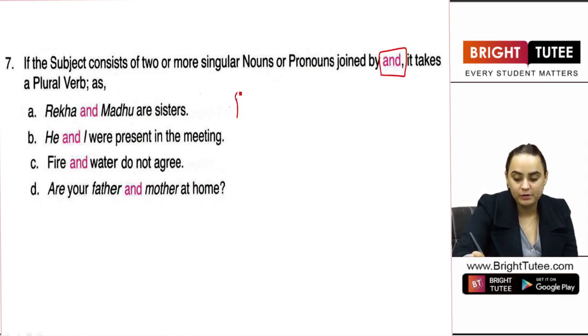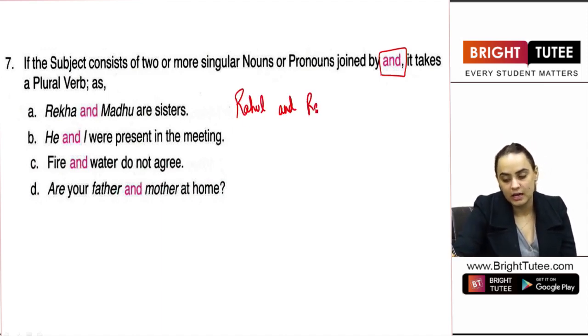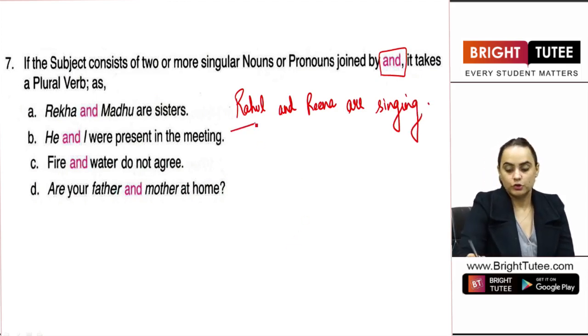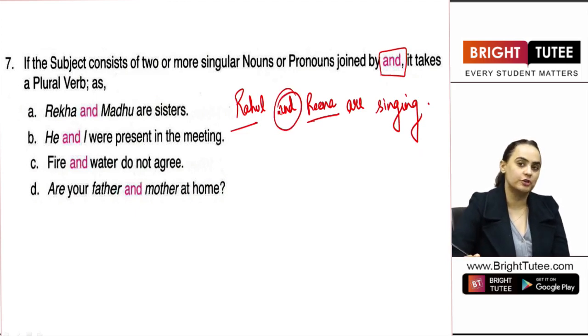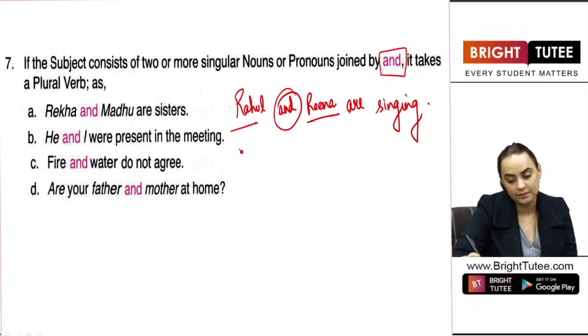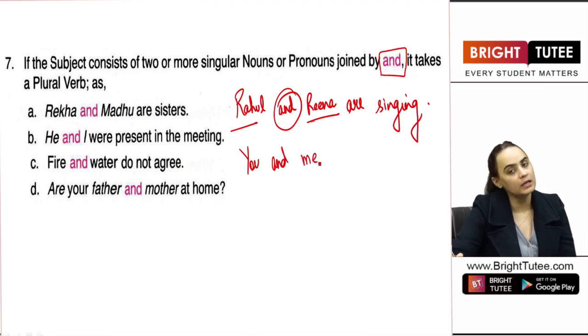For example, Rahul and Reena are singing. Two singular nouns which are joined with each other using "and." Therefore, are is used.